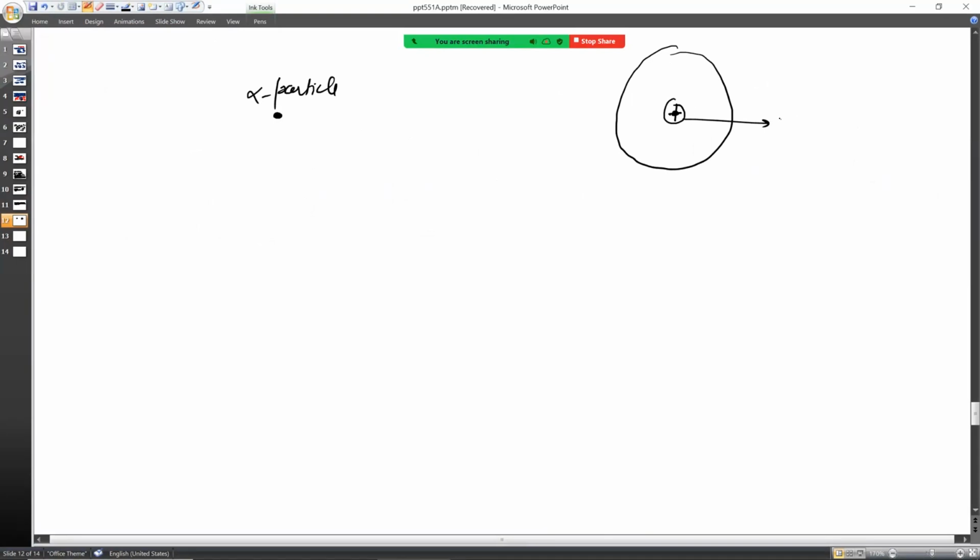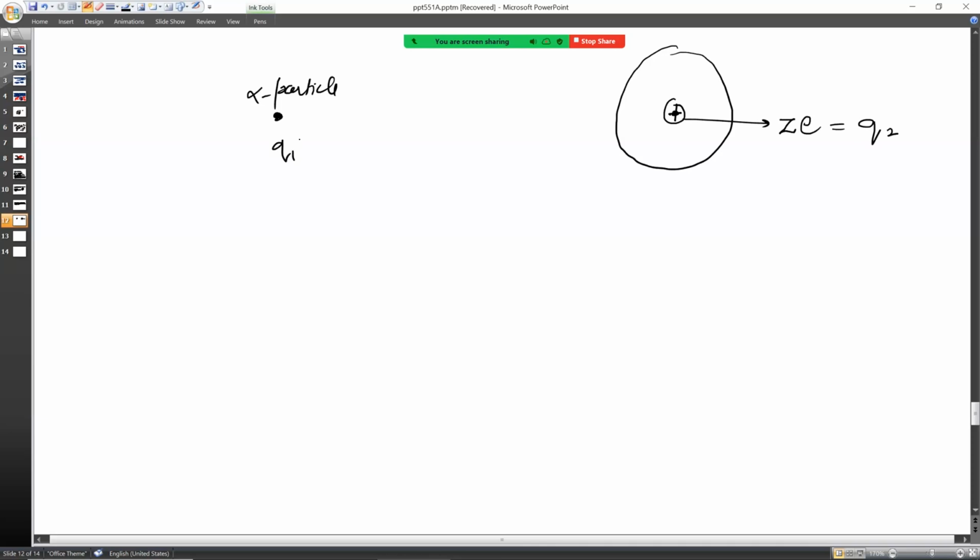The total charge will be equal to Ze, where Z is the atomic number and e is the charge of an electron in positive. This will be considered as Q2. This is the total charge, and this is Q1, the alpha particle, which is going to have +2 charge. Okay, got it?